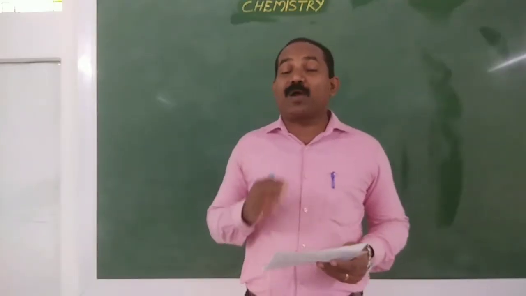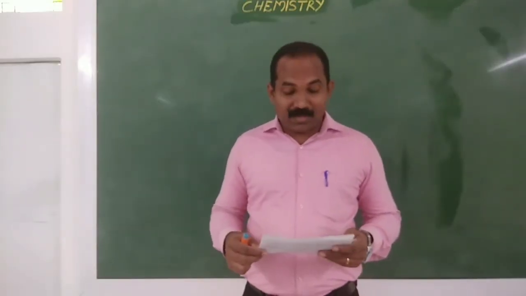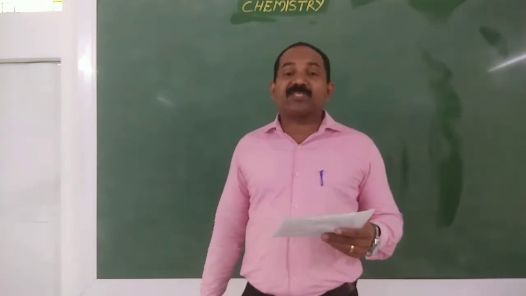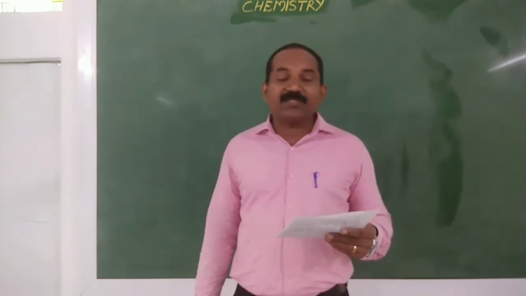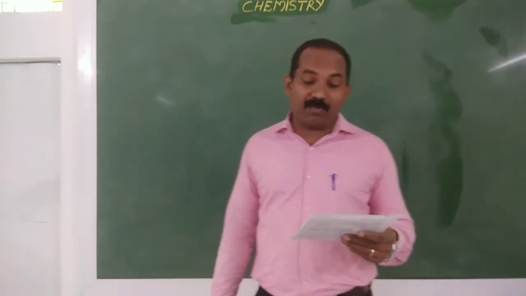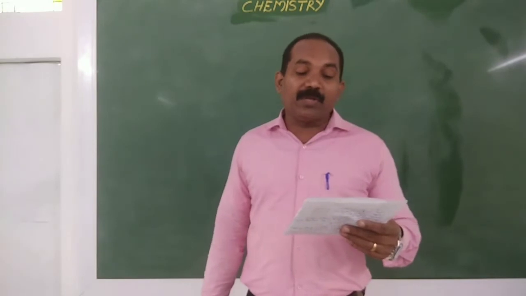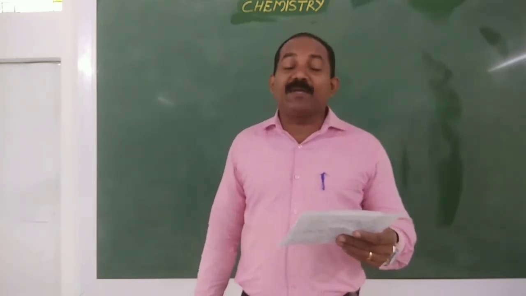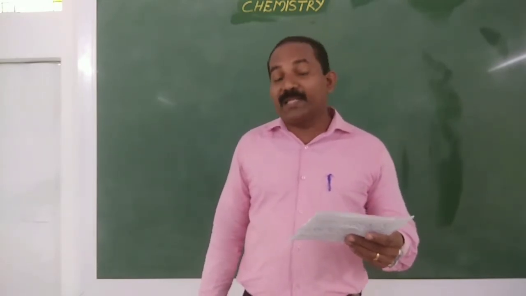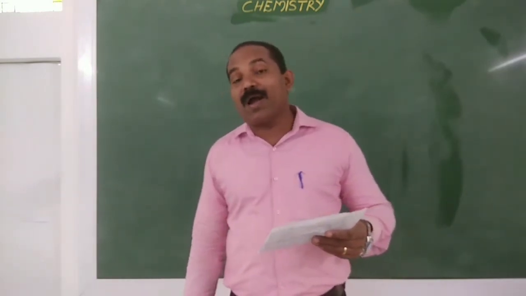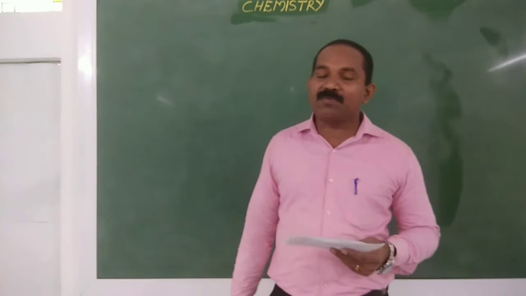Let's do some problems based on the ionization enthalpy. The first question: the ionization enthalpy of lithium is 520 kilojoule per mole. Calculate the amount of energy required to convert 70 milligram of lithium atoms in gaseous state into Li plus ions.